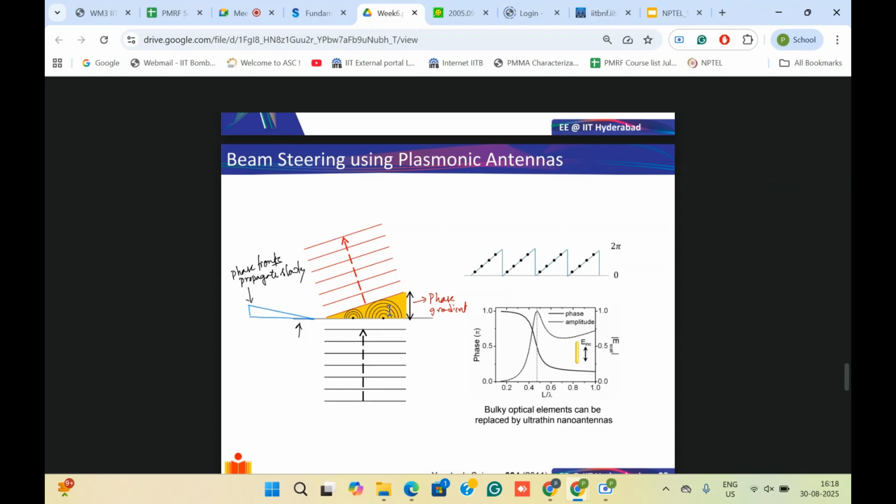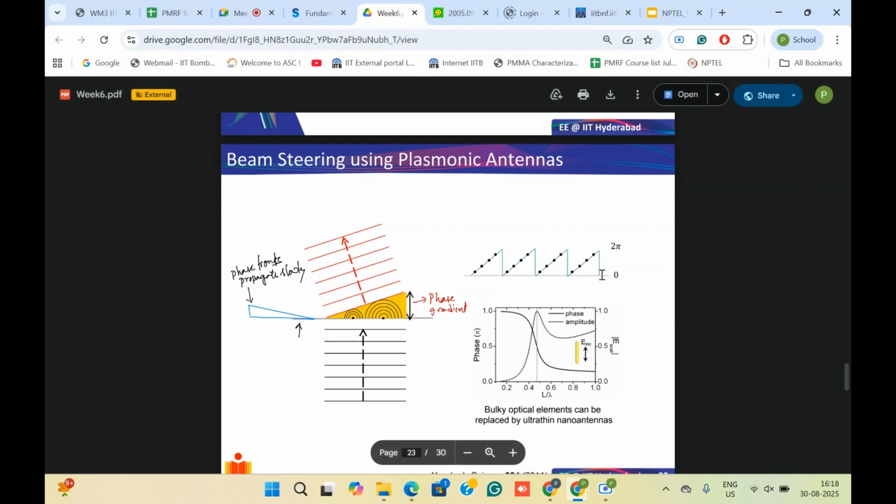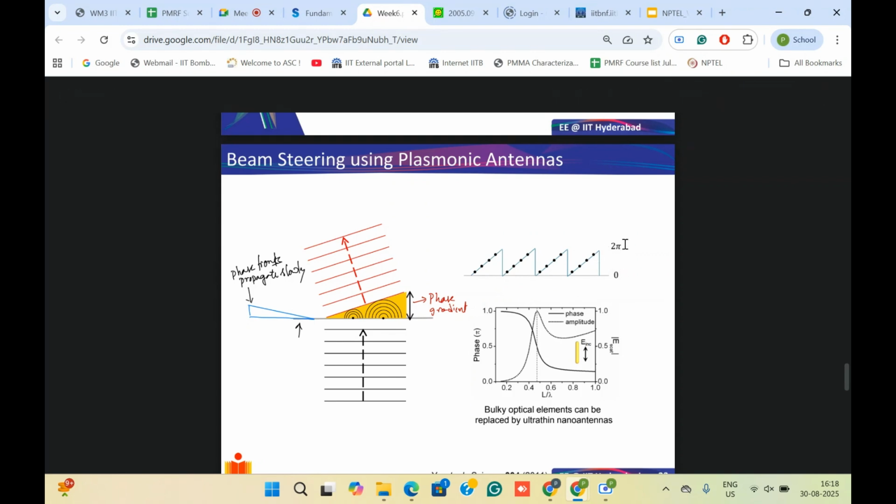But in practice, we cannot create a continuous edge, or we can give a phase gradient. So if the wave propagates like this, it will have a phase of 0 to 2 pi.